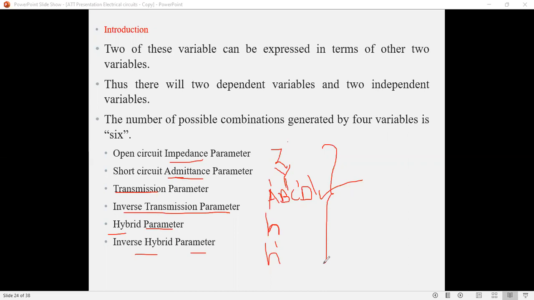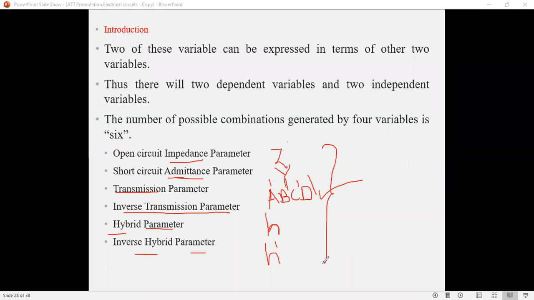So these 6 possible combinations are nothing but 6 types of parameters. One is called the Z parameter. Second is the admittance parameter, or Y parameter. Third is the transmission parameter, or ABCD parameter. Fourth is the inverse of the transmission parameter, represented by A dash, B dash, C dash and D dash.